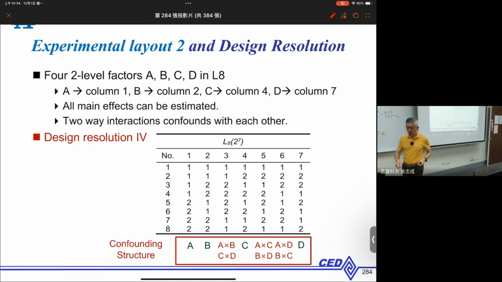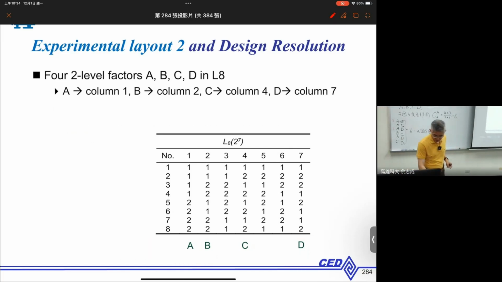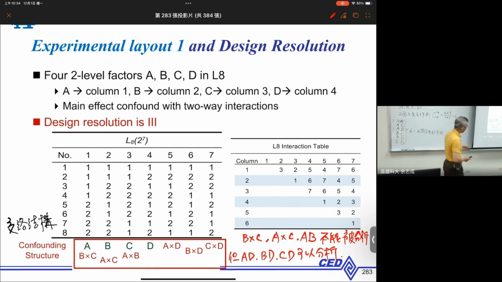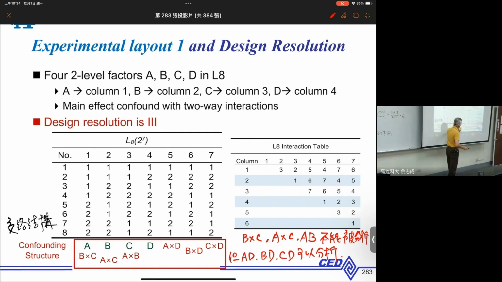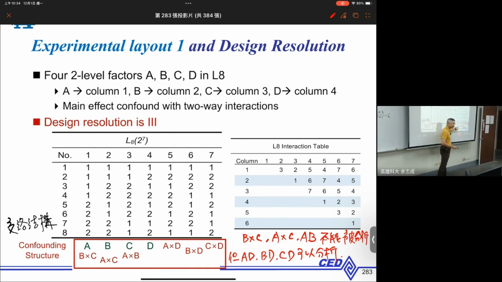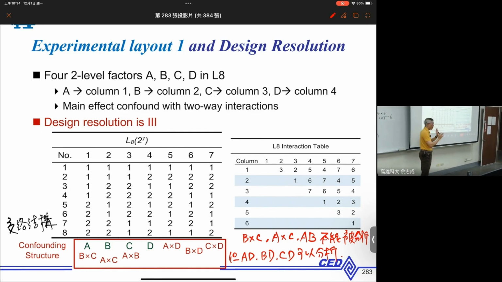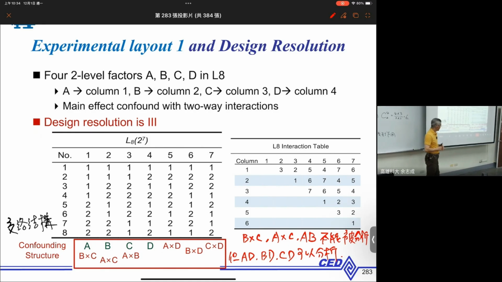Or in resolution 3, in the example we just talked about, these 3 can be estimated, but these 3 cannot be estimated since they are confounded with the main effects.